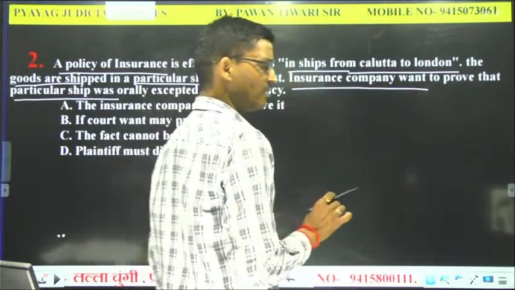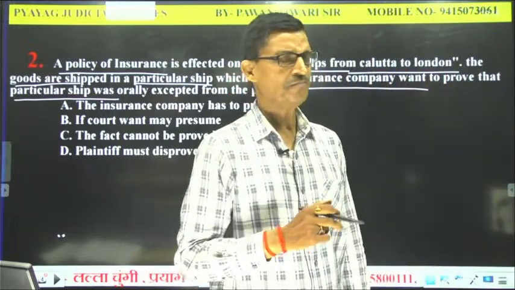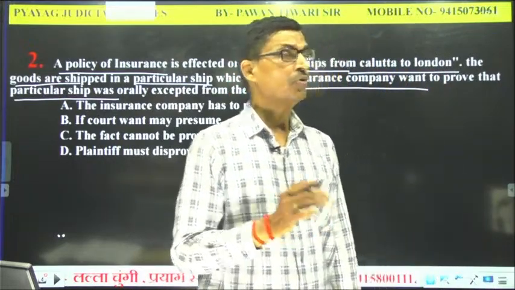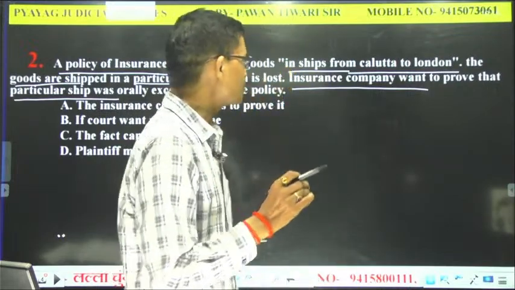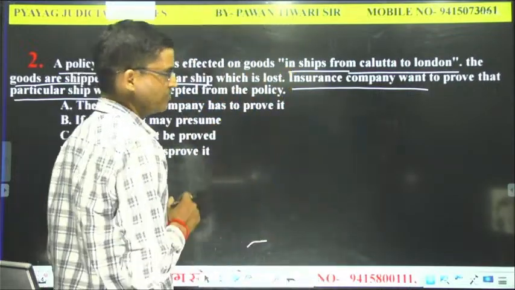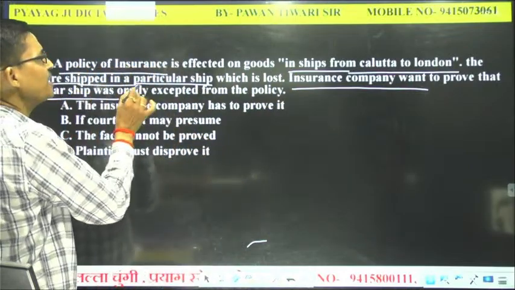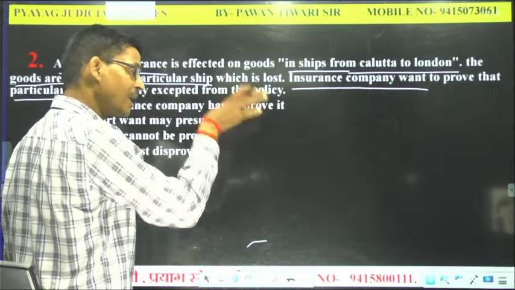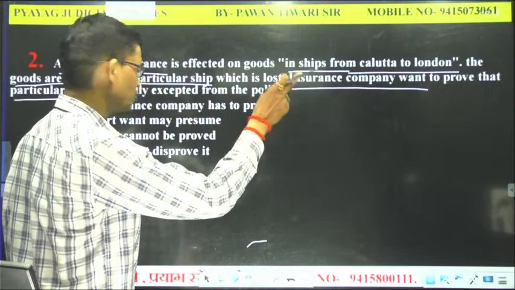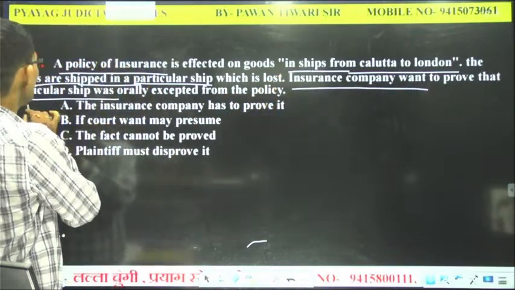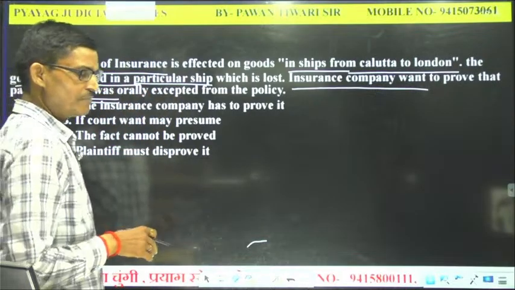It means the ship is going from Calcutta to London and goods are laden with goods in a particular ship which is lost. Insurance company wants to prove that particular ship was orally excepted from the policy.